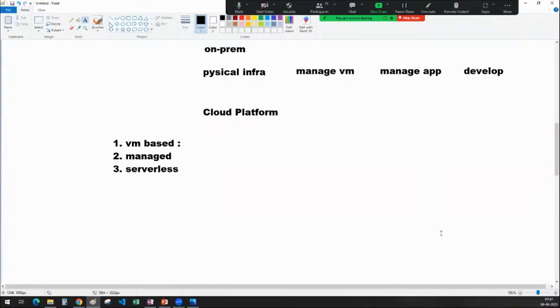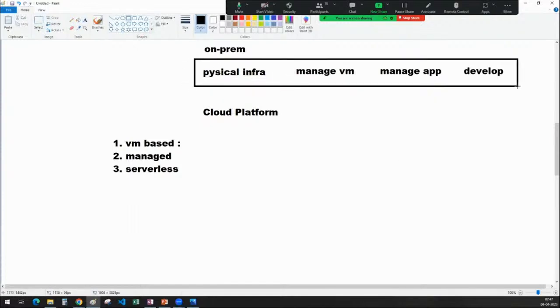Again, if we need a separate development environment for each application, we need to go for virtual machines. And again, we have to manage the application configuration. And finally, we can develop the solution on top of the service. So in on-premises, you as a person have to manage all of these things, guys.